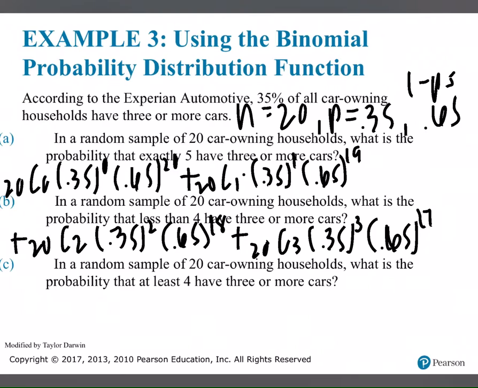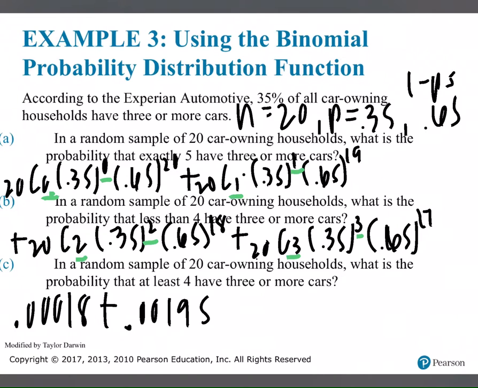Notice that the only thing that's changing is the x. Here, x was 0, 1, 2, 3, right? I'm going to go ahead and put what I got for each one. So for 0, if you plug that whole thing into your calculator, you should end up getting 0.00018. Plus, if you were to do the 1, 20C1, all that, you'd get 0.00195.